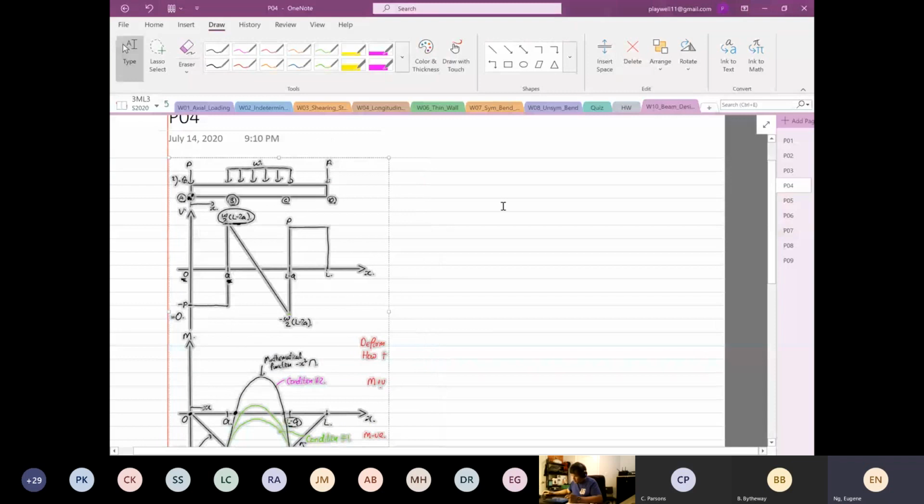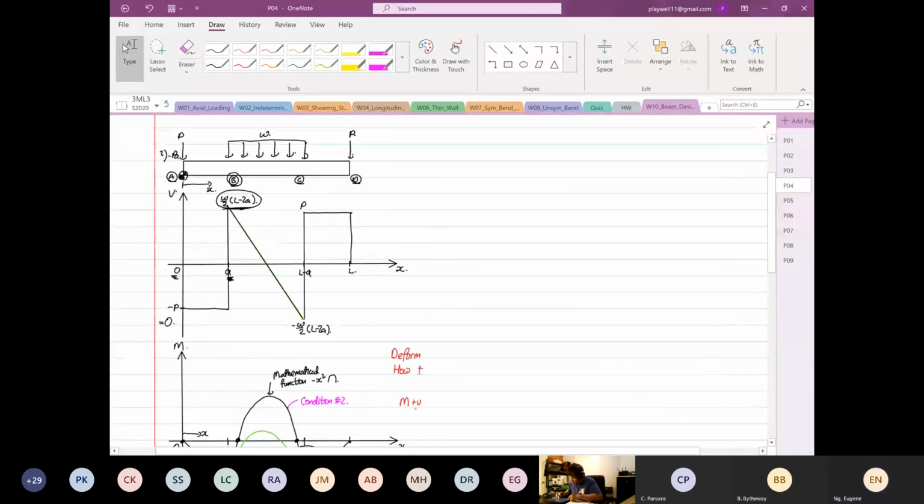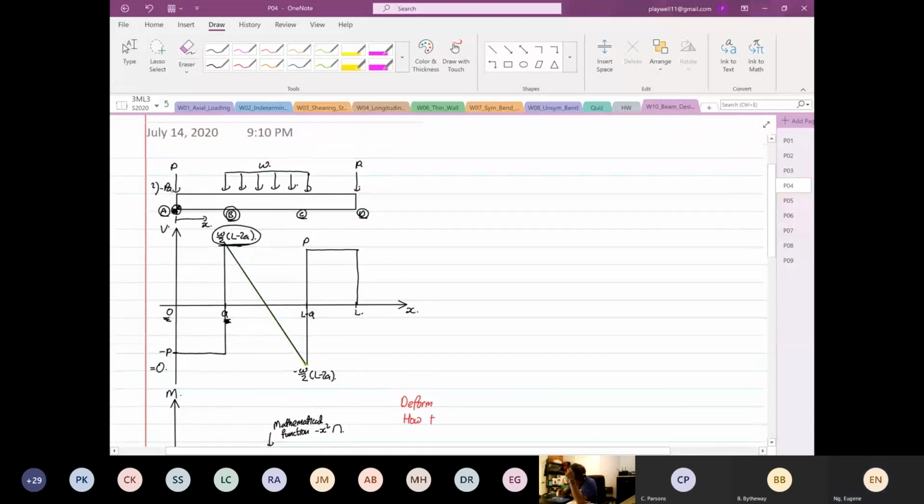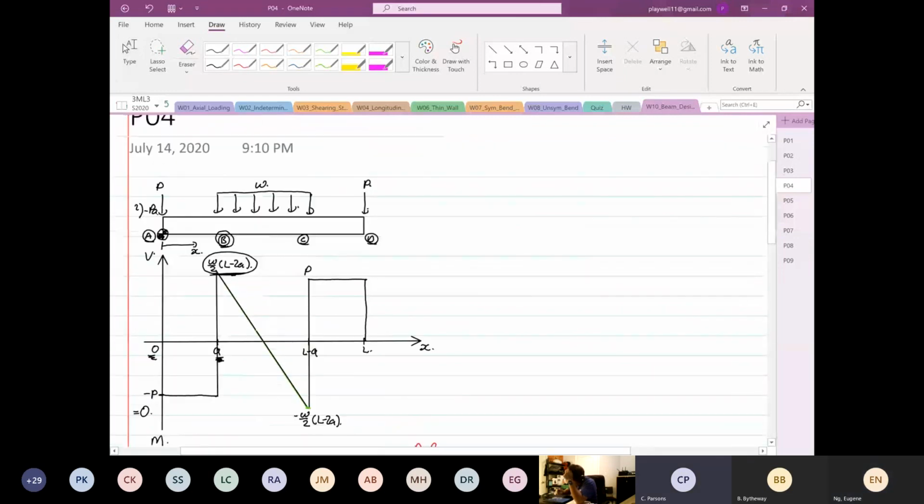Okay, let's look. Can anyone tell me when it's a point load, what will happen to the shear force and bending moment diagram? Anyone? Right, it's a flat line and then a slope for the bending moment. Well done.